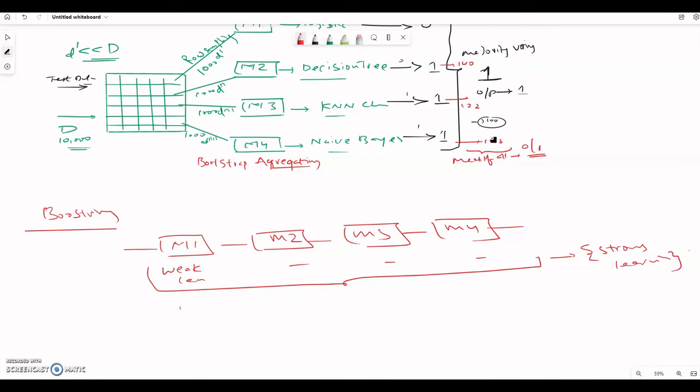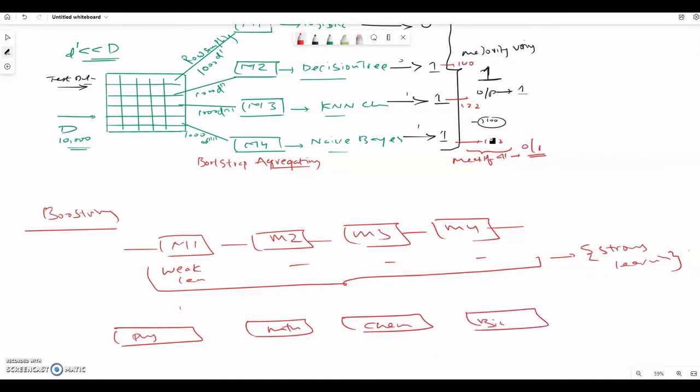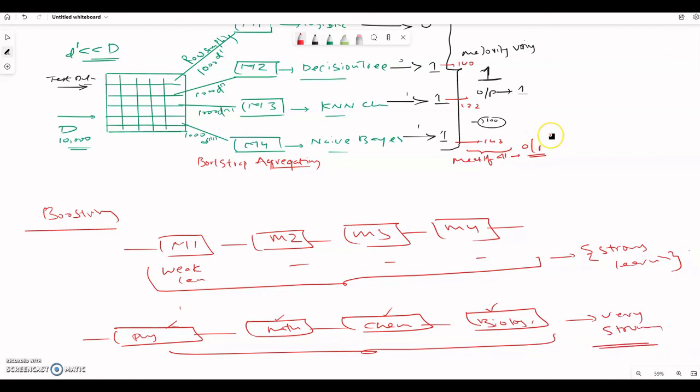For example, suppose a student is good in physics, but may not be good in mathematics, may not be good in chemistry, may not be good in biology. So each student individually is good in only one of physics, mathematics, chemistry, or biology, but together they are very strong. This is just an example.